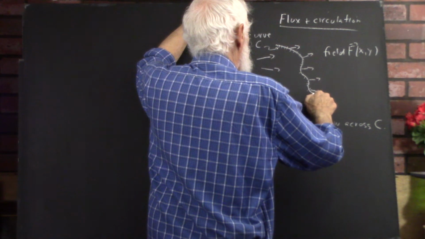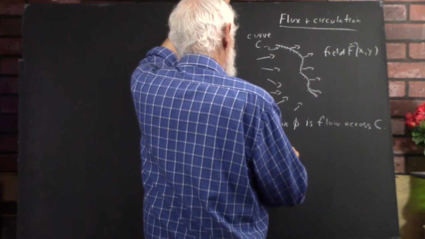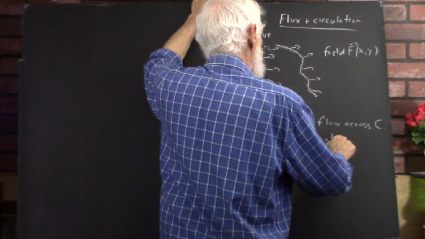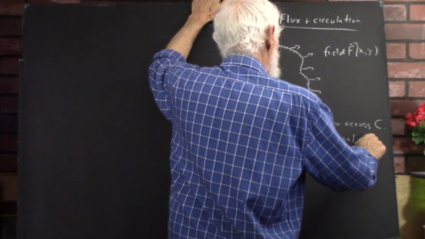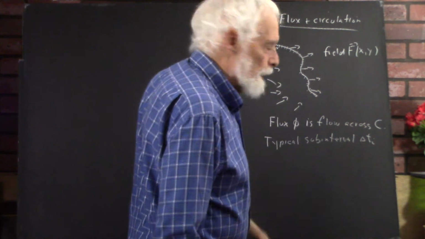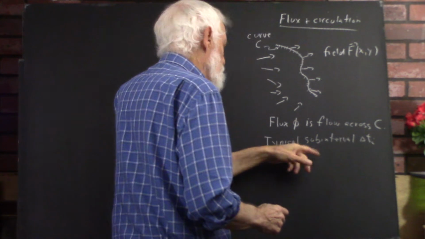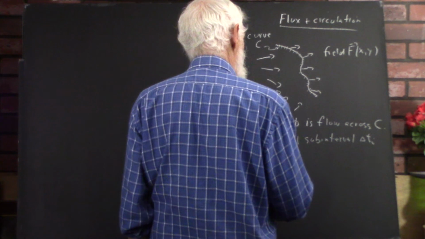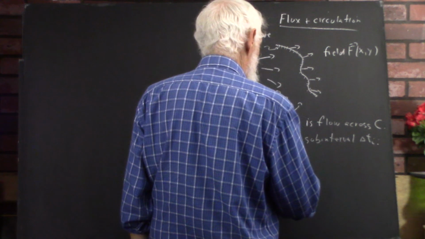And to understand the flux, in a typical subinterval delta Ti, where I'm using kind of an ambiguous notation for this, but you should understand from context. Okay, the flux across a subinterval delta Ti is, well, let's draw a picture of it. Okay, so here's your delta Ti.